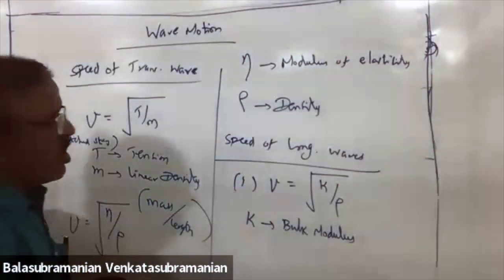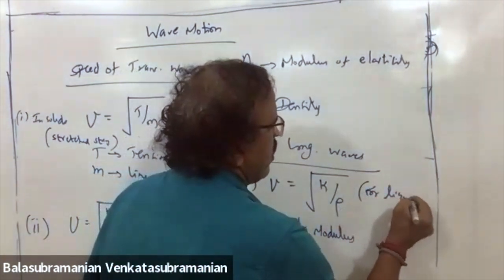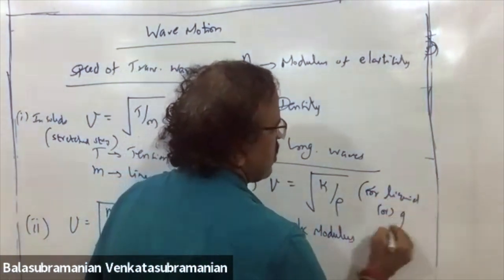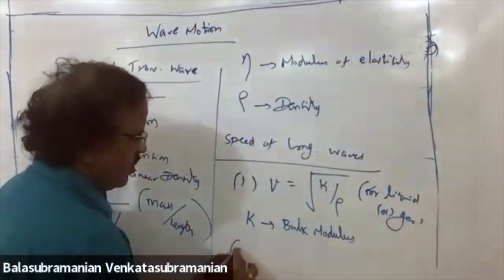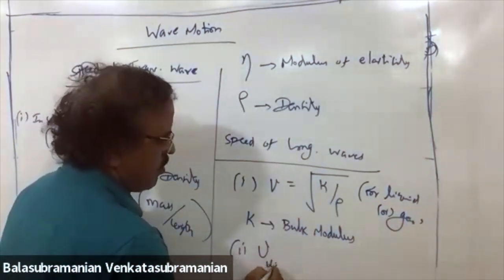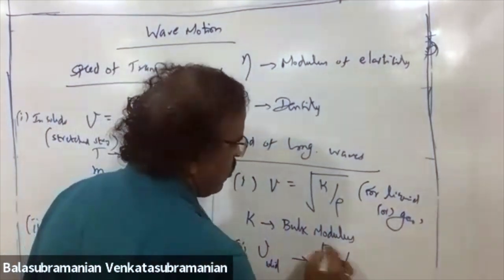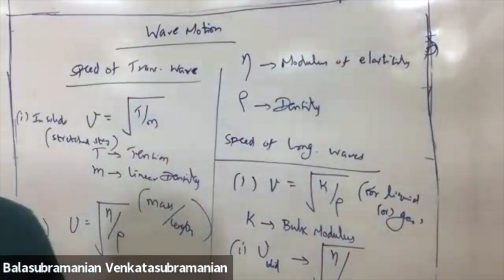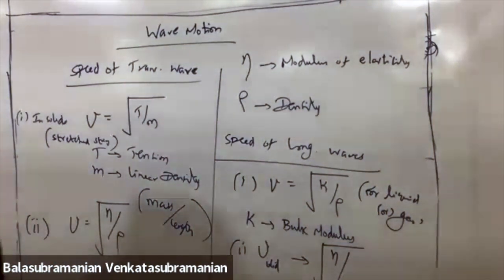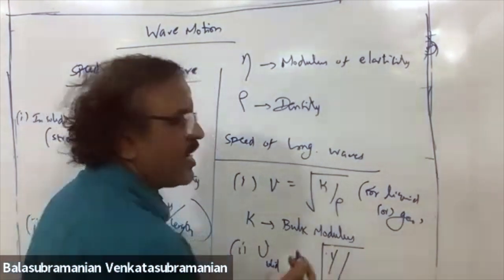This is for liquid or gas. In solid rod, root of eta by rho. No, sir, eta I have already mentioned. Okay, Y by rho. It is only a notation.